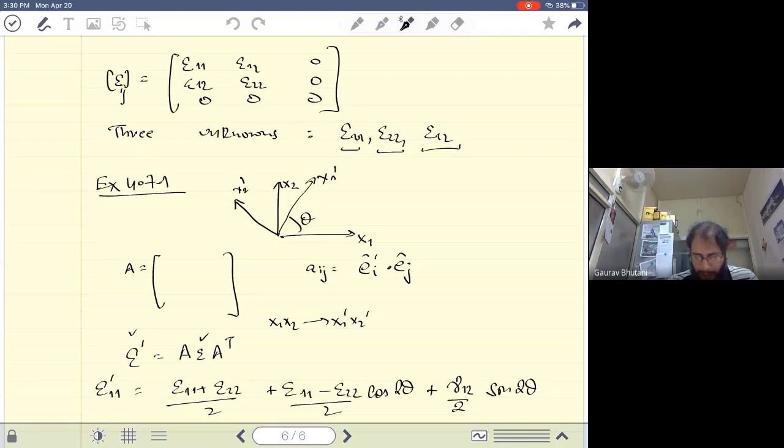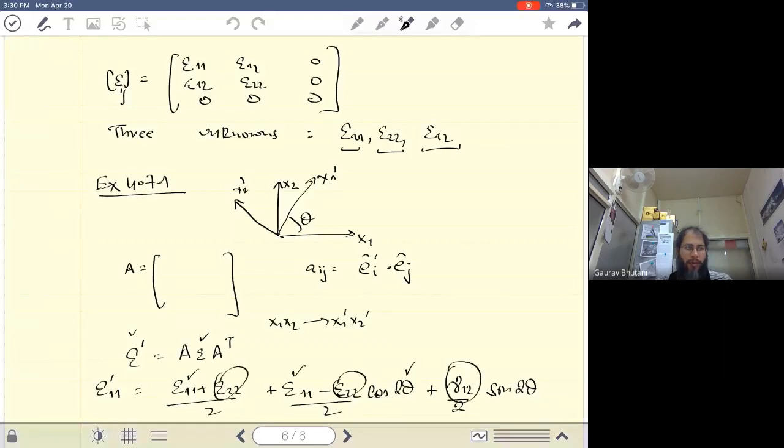Here, epsilon 1 1 is known because that is being measured. Theta is known because theta for this case is 60 degrees. If you write it for 1 1 double prime, the angle is 120 degrees. These are known, and epsilon 2 2 and gamma 1 2 are unknown.